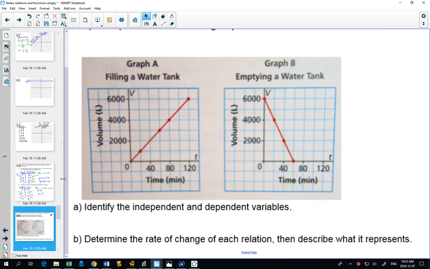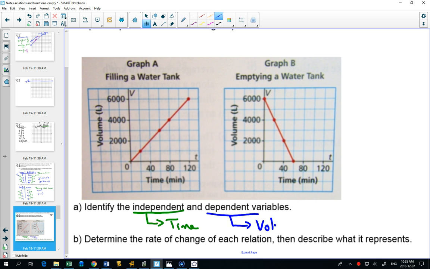Identify the independent and dependent variables and determine the rate of change of each relation. So our independent is on our x-axis, that is time. Our dependent is on our y-axis. In this case, it's volume.